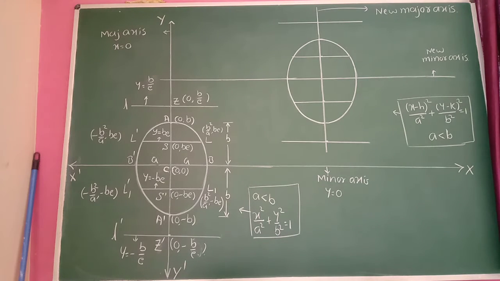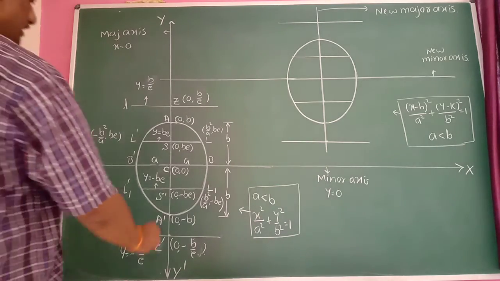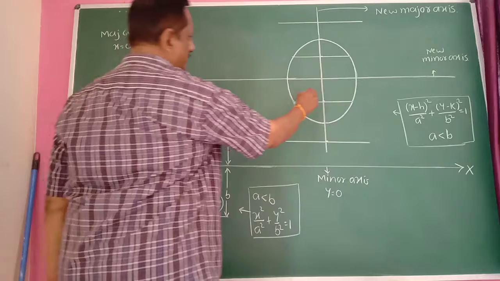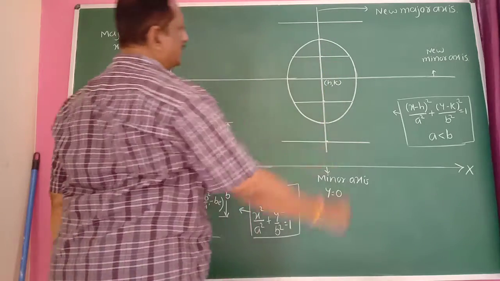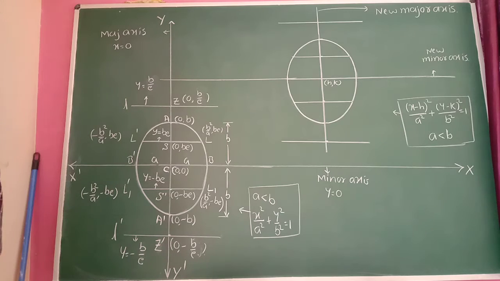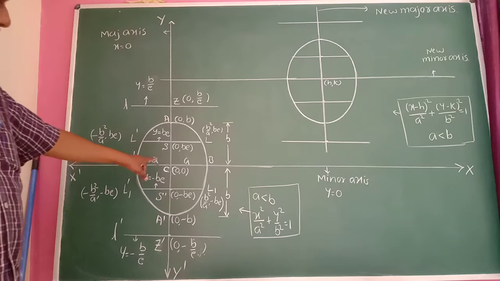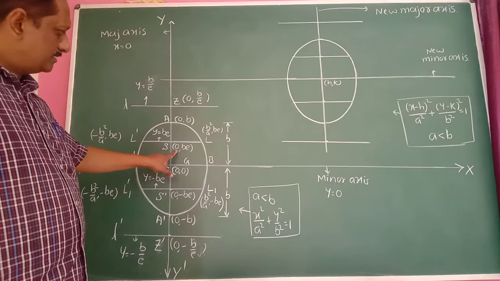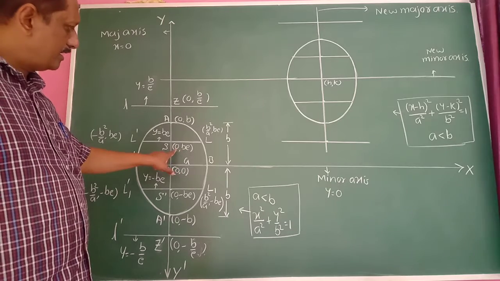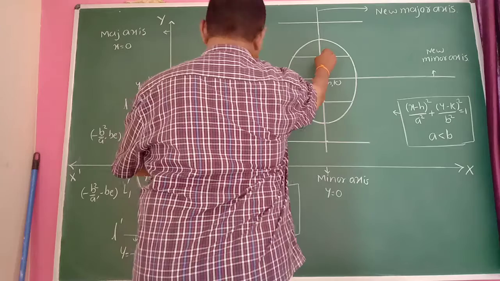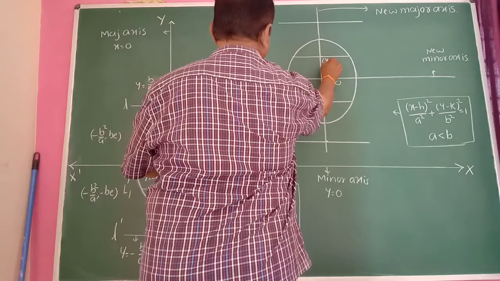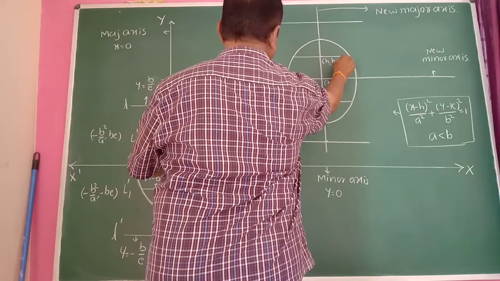Even here also you can shift the origin from the origin to some other point h comma k. Then their respective coordinates and equations change. Here the coordinate of S is 0 comma be, so add h and add k. So the coordinate of this focus is h comma be plus k.